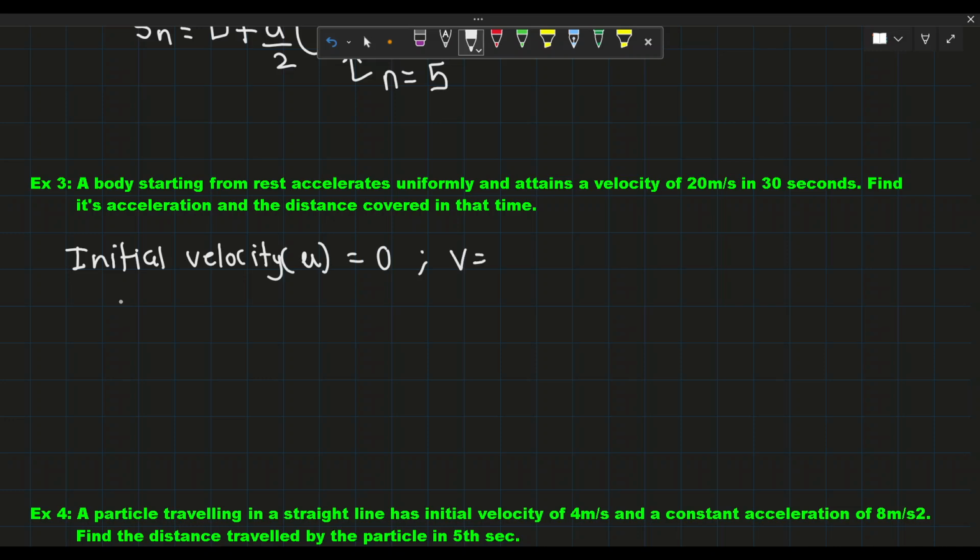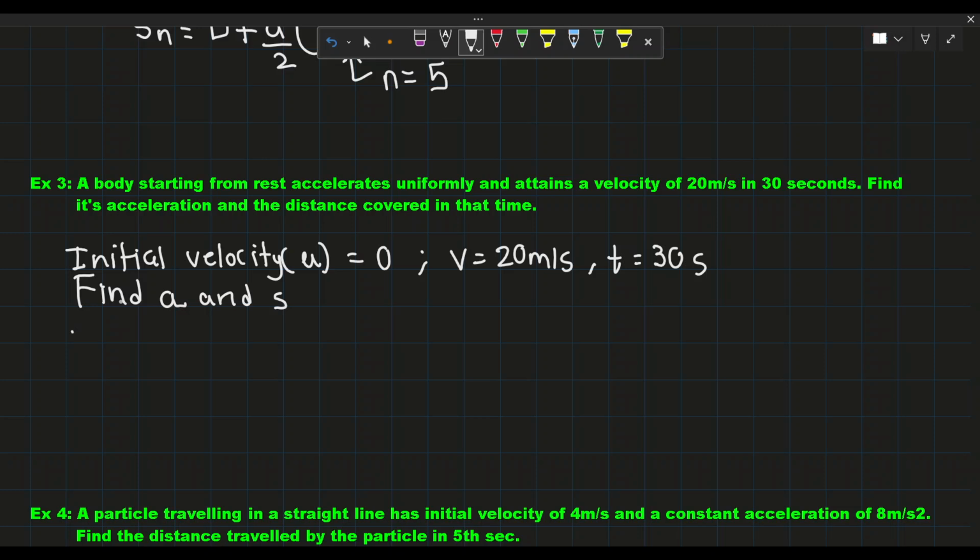So your v is equals to 20 meter per second in 30 seconds, and your t is 30 seconds. Find its acceleration and the distance covered in that time.